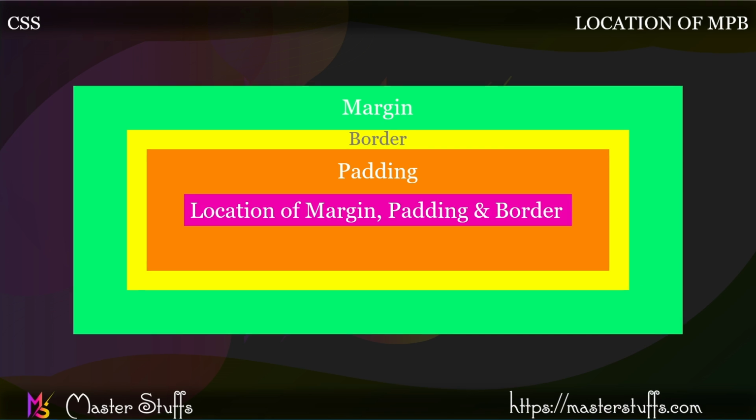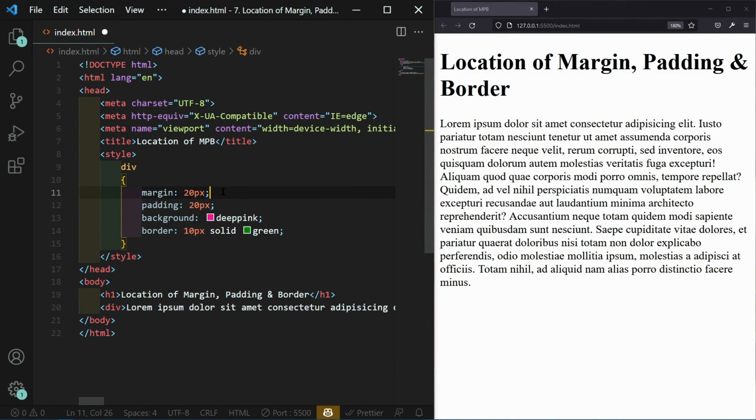As you can see here, I open the VS Code editor and write a basic HTML boilerplate. Here I set a title, location of margin, and also write some CSS. In the body tag I set an h1 heading.